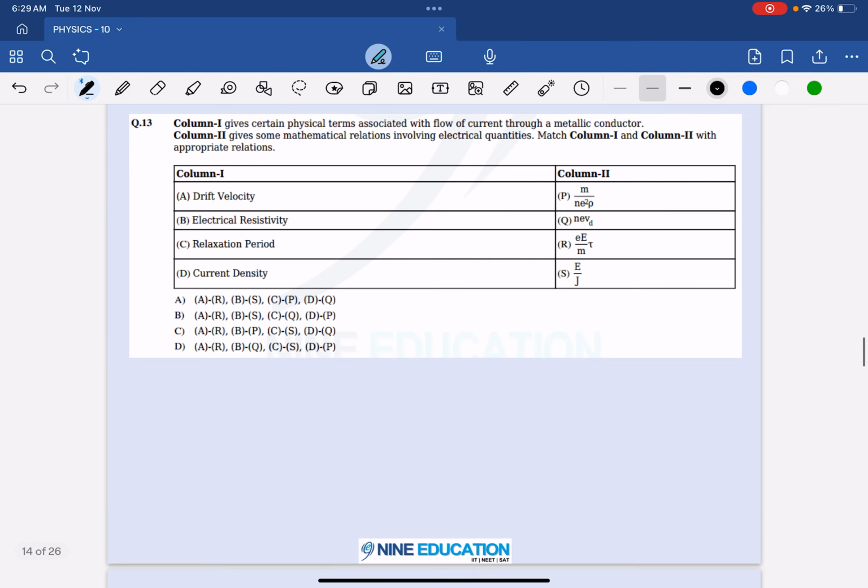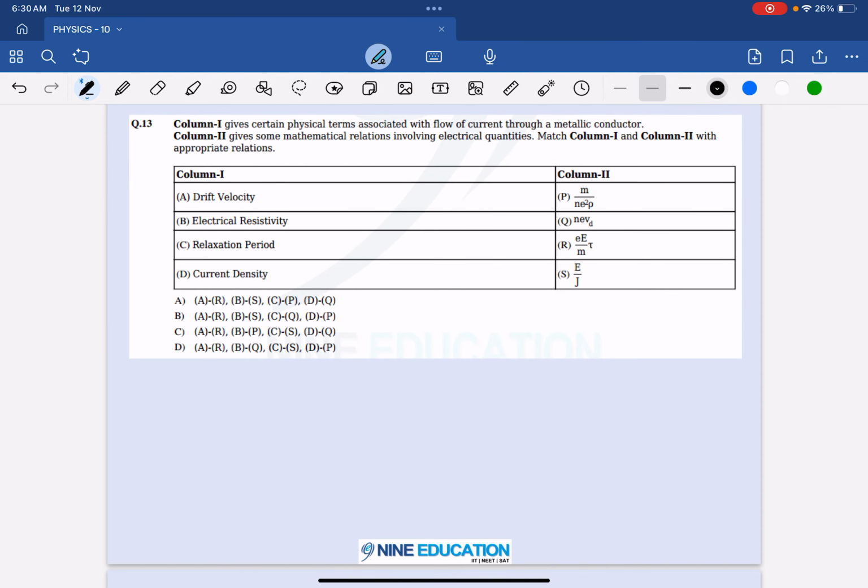Now the next question we are able to see is there are certain physical quantities given and matching we have to do. Okay, so drift velocity. So drift velocity formula I know it is E tau by m. Correct? So it is E tau by m. So A will be with R. A with R. Okay, all R. Then we are having electrical resistivity.